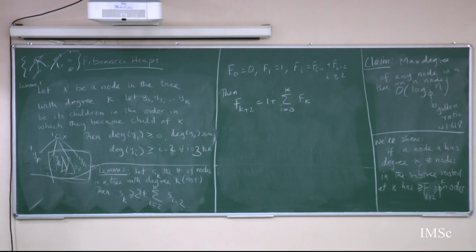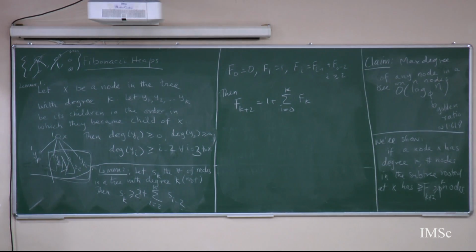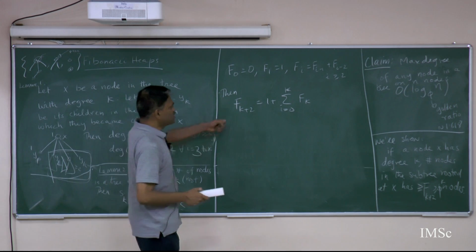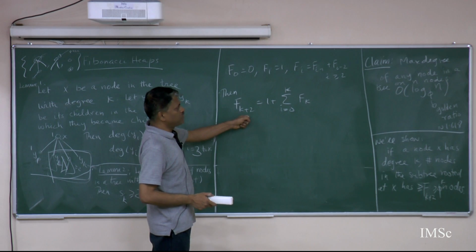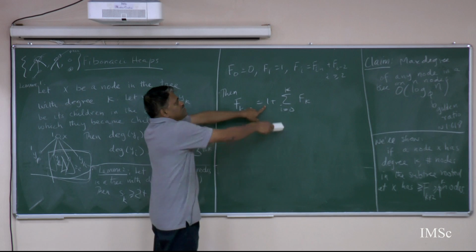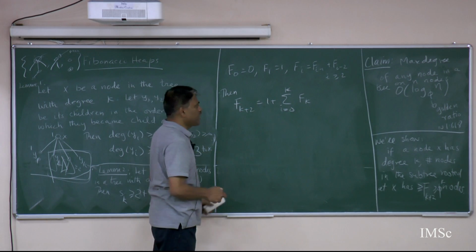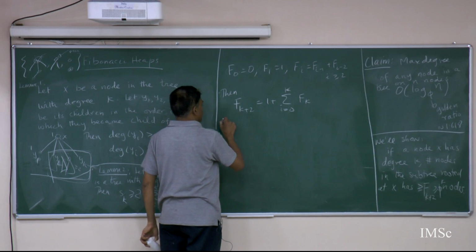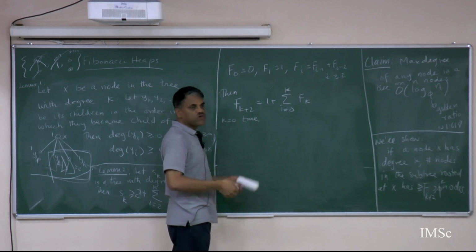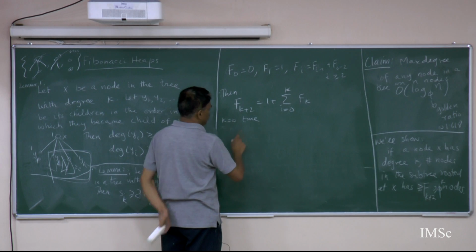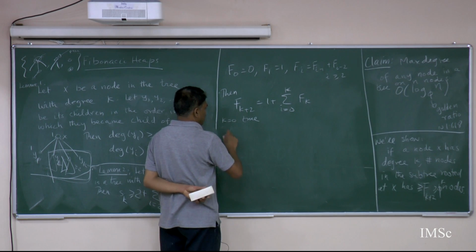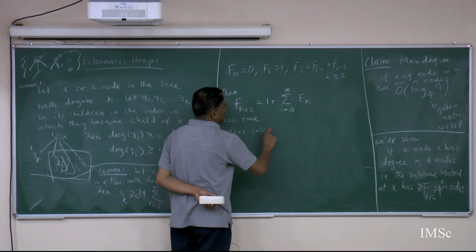Go up to k and add 1, what you get is F_{k+2}. Right? For k equal to 0, F_2 is 1, and the sum is 0, so it's at least true for k equal to 0. That's the base case. Assume it's true for up to some k, and try for k equal to i plus 1, assuming it's true up to i.